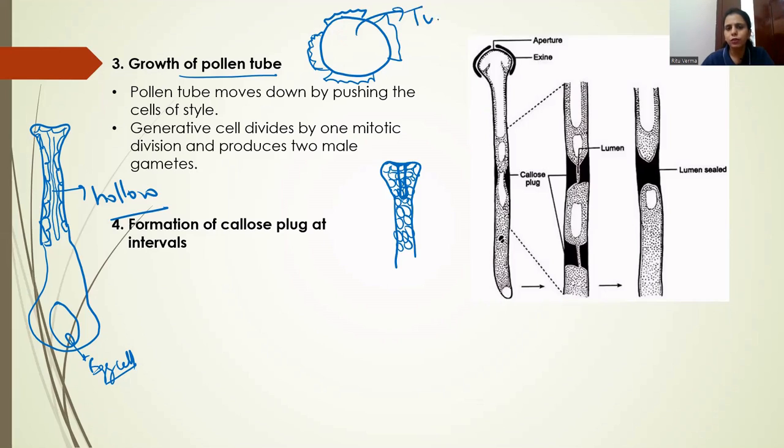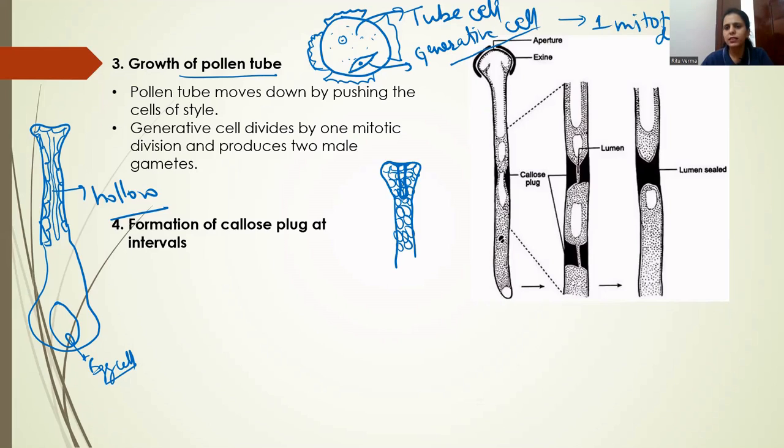One is the tube cell. The larger cell is known as the tube cell, and it has its own nucleus and cytoplasm. And floating inside this tube cell is a spindle-shaped cell which is known as the generative cell. And this generative cell is the one which undergoes one mitotic division.